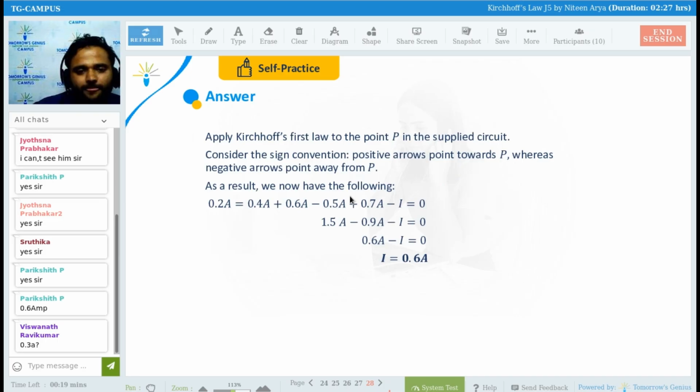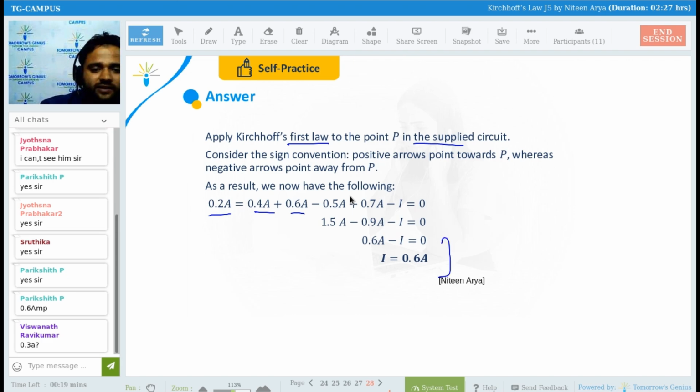That is very easy. Okay, it is written Kirchhoff's first law; I thought KVL. Apply Kirchhoff's first law at point P in the supplied circuit. We know the current going inward is taken as negative and the current going outward is taken as positive. So 0.2 ampere, 0.5, 0.6 minus this, and that is it.